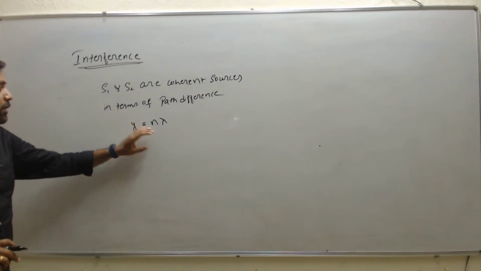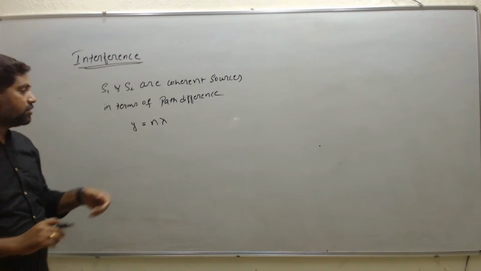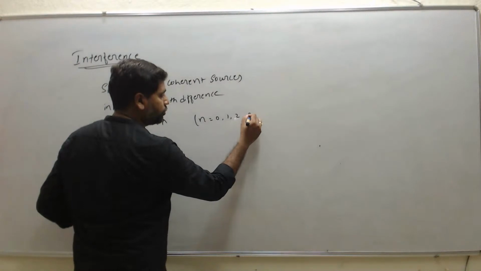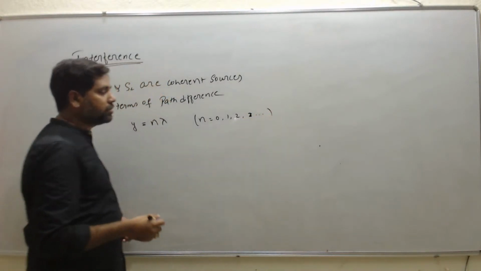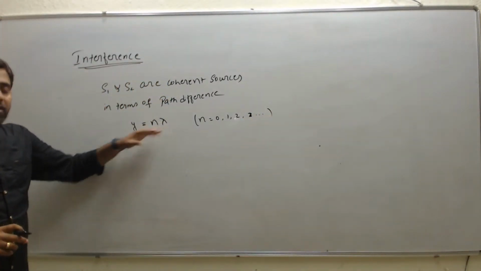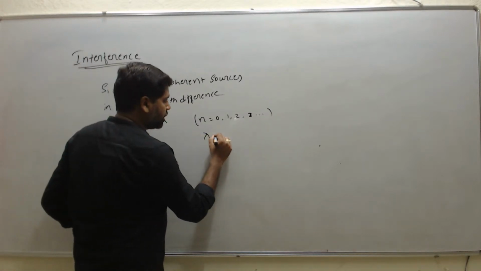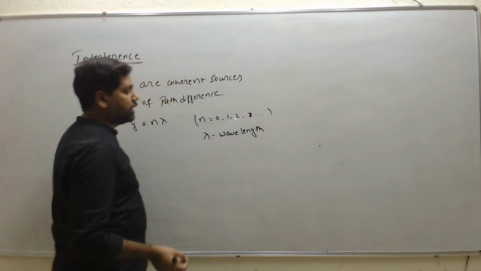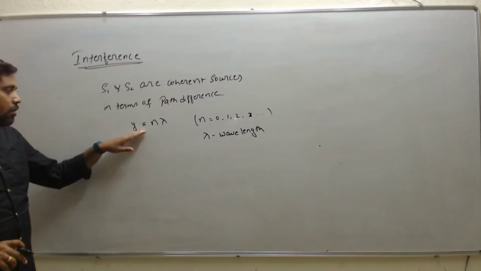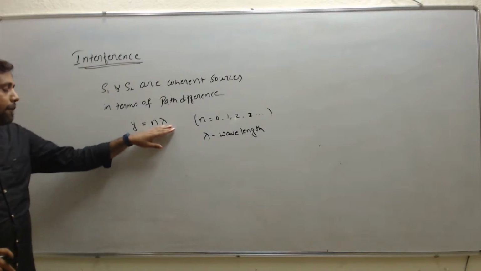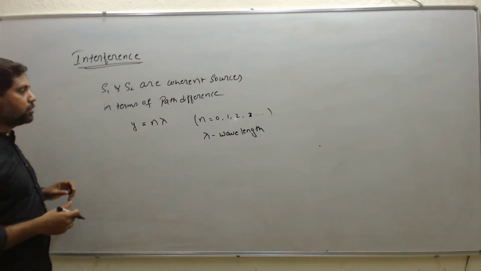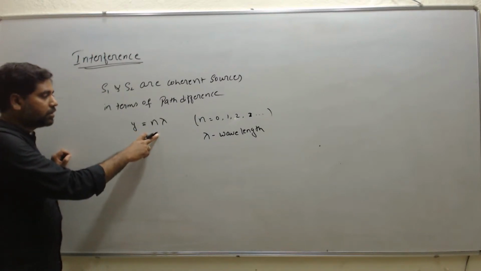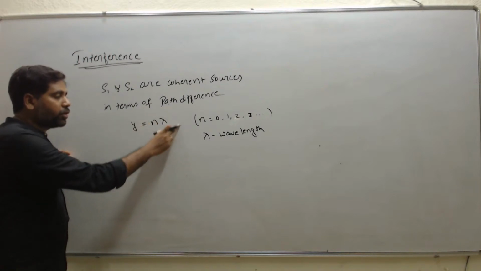This resultant displacement is equal to n lambda, where n is the integer value, that is n varies from 0, 1, 2, 3 like this. Then lambda is the wavelength. Then y is equal to n lambda, and this is for constructive interference, right?